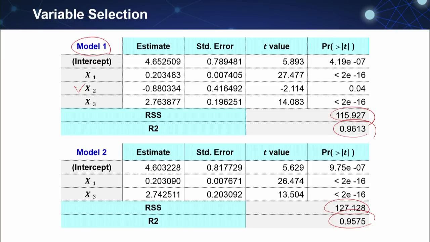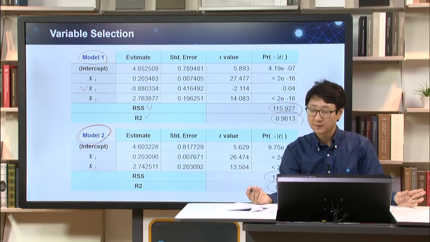Since I generated this data, I know the truth. In fact, x2 has nothing to do with y, so model 2 is the true model. But in terms of RSS and R square, why does model 1 look better?